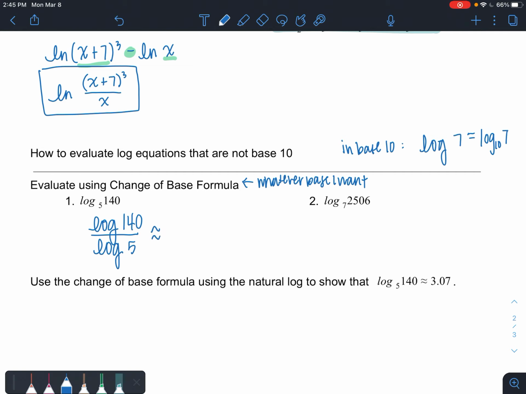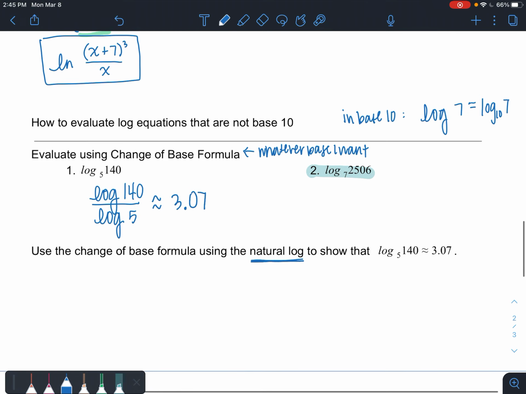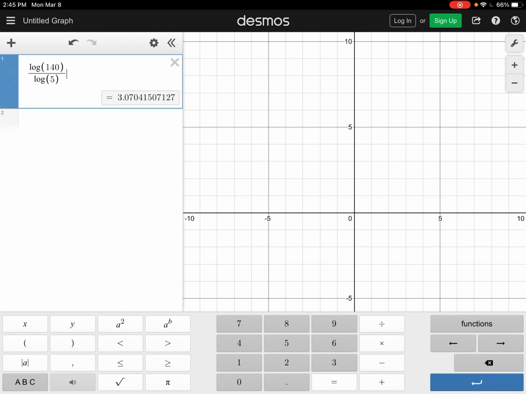I'm going to use my squigglies. Okay. I'm going to save this one. But I want to look at the use of change of base formula using the natural log. So we can use whatever base. So I'm going to go ahead and do ln of 140 over ln of 5.